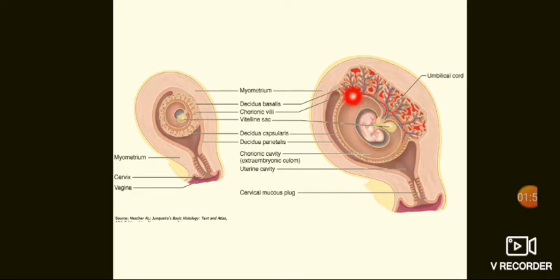So this chorionic frondosum forms the fetal component of the placenta, while the chorionic laeve is facing the decidua capsularis. The chorionic laeve does not form the placenta.